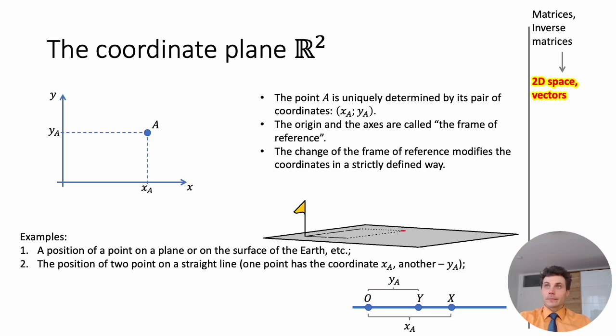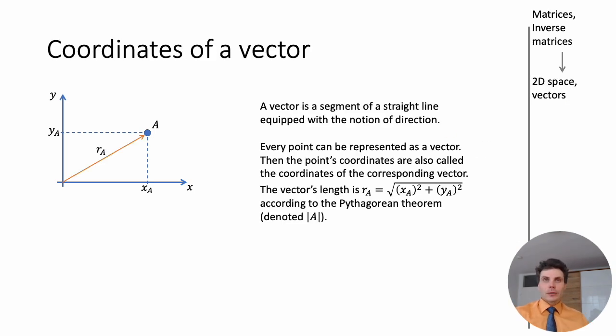Now, how do we think about vectors? A vector is a segment of a straight line equipped with the notion of direction. Essentially, it's a little arrow which has a defined beginning and a defined end, and the beginning and the end are not interchangeable. So the vector is directed from the beginning to the end.